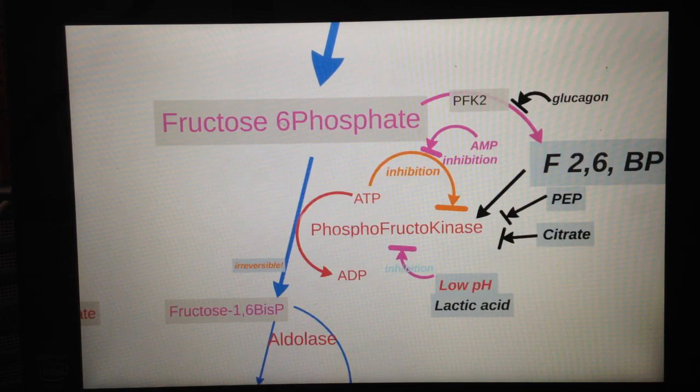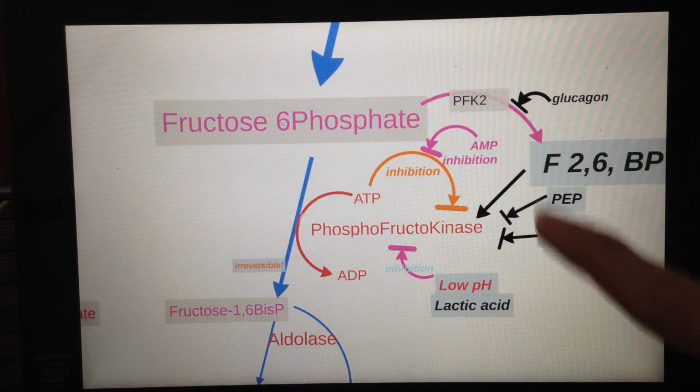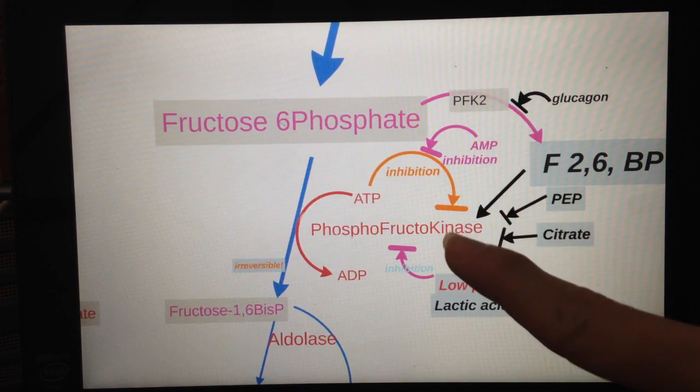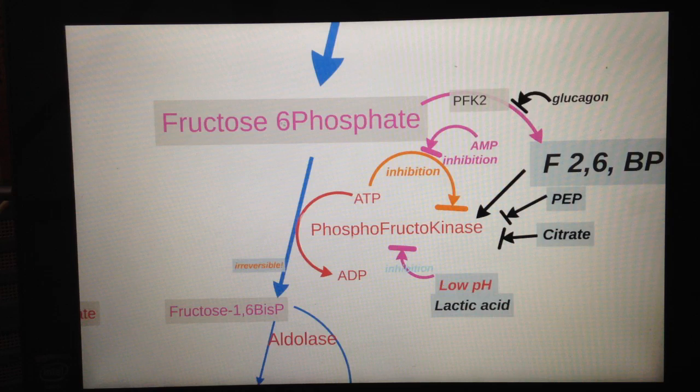Let me try and explain this. This is what is called a feed-forward stimulation, where if you have a lot of F6P, then PFK2 will start to work and say, hey, I think we have to increase the rate of conversion. And hence, there will be more of this being created, and hence phosphofructokinase will start to work hard.